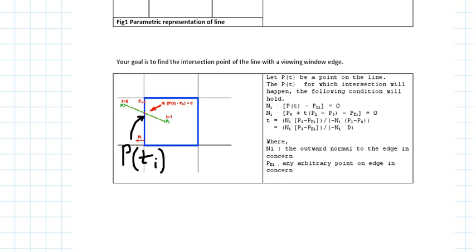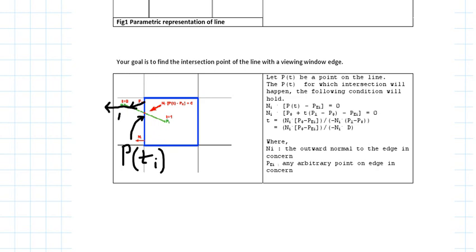If you think of it in another way, you can assume a vector from a point Pt on the line which we need to clip to that arbitrarily assumed point Pi on the edge in concern. This is a vector from Pi on the edge to Pt on the line to be clipped. Then from this Pt you have to assume an outward normal vector to the edge in concern, right?